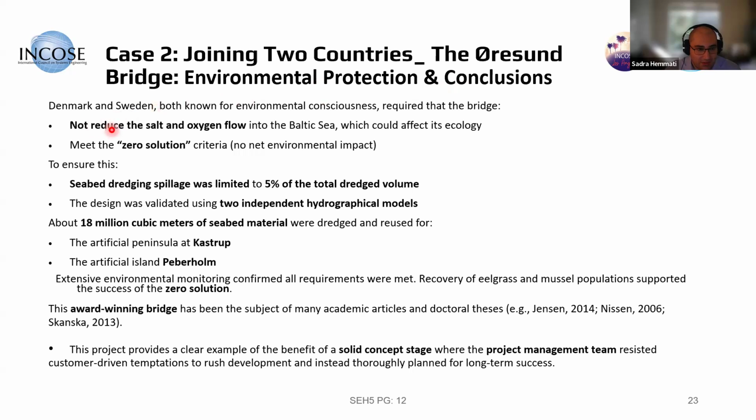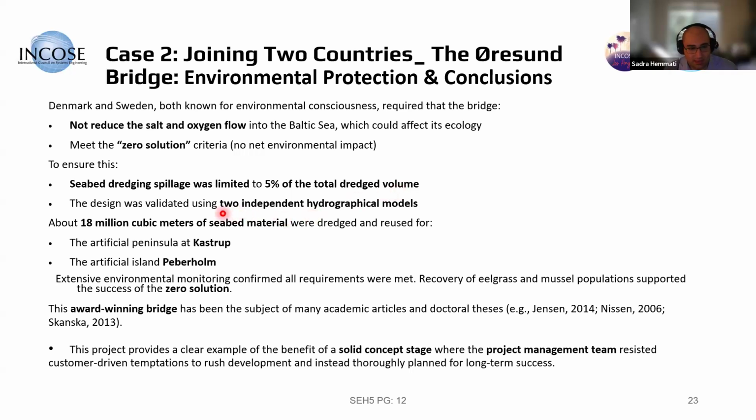At the end they did not reduce the salt and oxygen flow into the Baltic Sea. They didn't want to change the ecology of the environment. No net environmental impact. Seabed dredging spillage was limited to 5% of the total dredged volume.